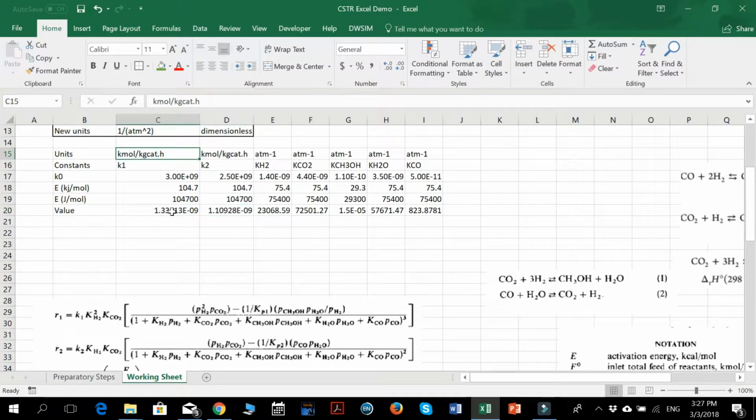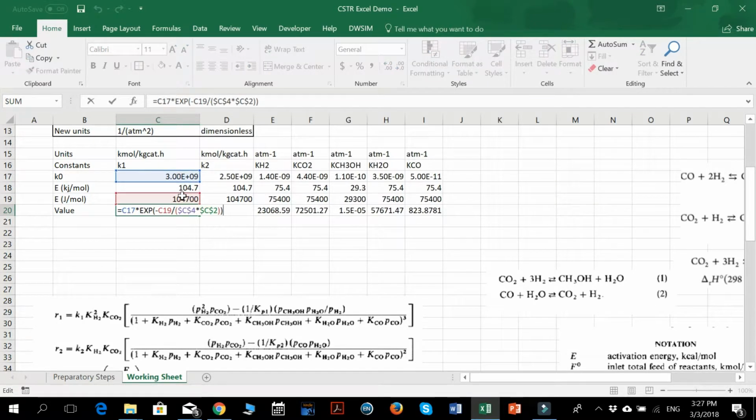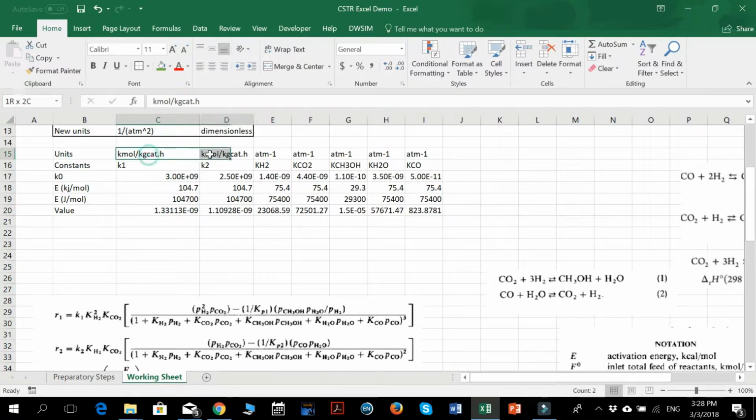So this is in kmol per kg cat per hour still, because I didn't change the units at the pre-exponential factor. I only changed the units of the activation energy, which I do want to, to make sure the exponential factors are correct. So now I want to change maybe these units, right? These units are in kmol per kg cat per hour.